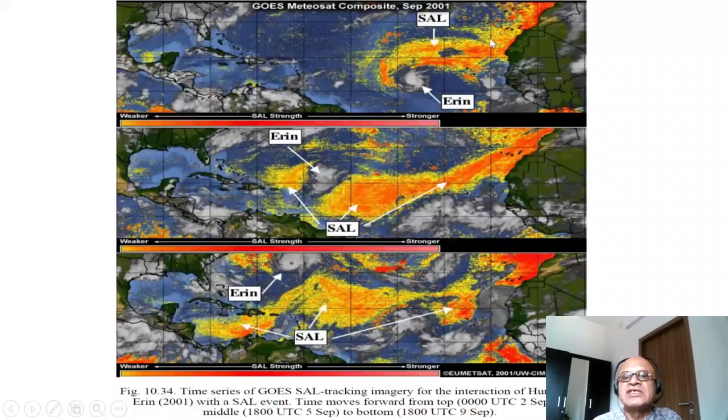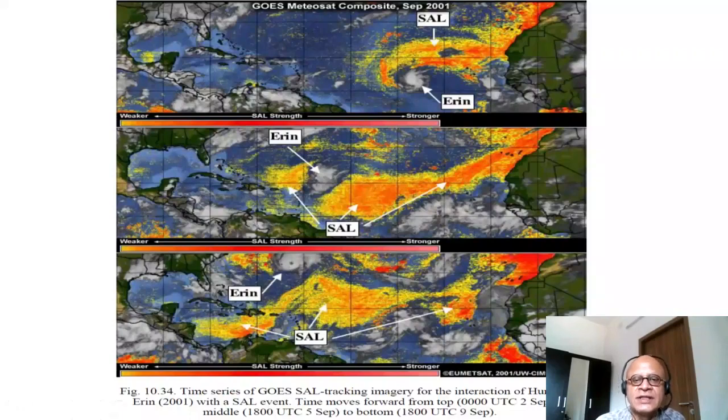So you can see that there is a very well defined SAL coming out, and there is Erin, which obviously got named, so it became a tropical cyclone, and you can see how Erin is interacting with the SAL, and then Erin got pretty strong and got out of it anyways.